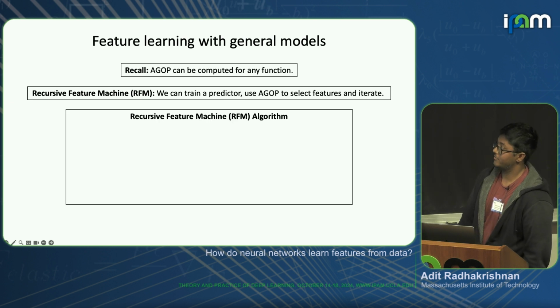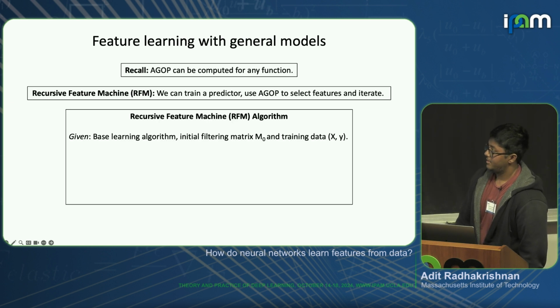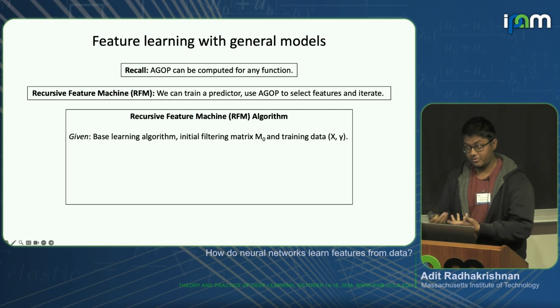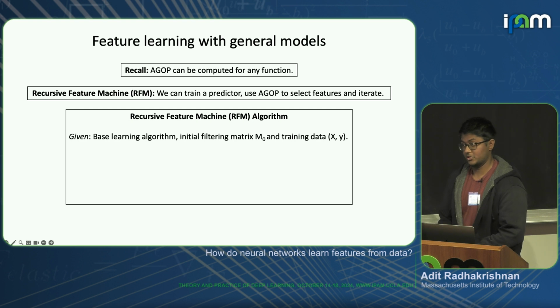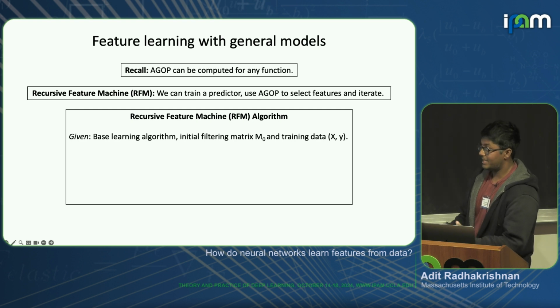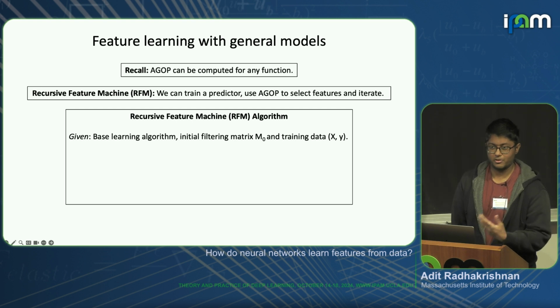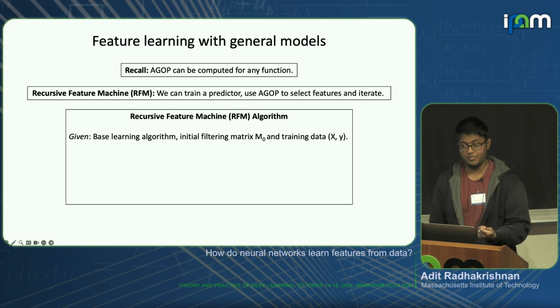And so what is the algorithm very explicitly? The algorithm is you give a base learning algorithm for a predictor, whether it's kernel ridge regression or so on. You give me an initial filtering matrix, this M0. This is going to be my initial estimate of features. For kernels, we're going to use M0 as the identity matrix.